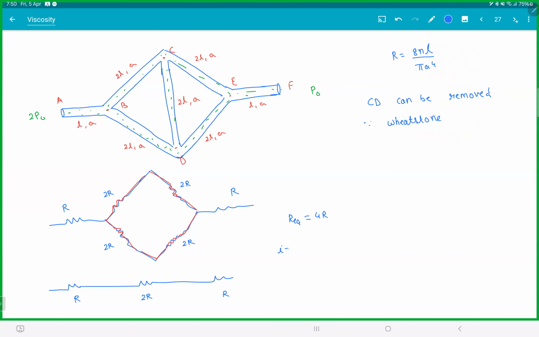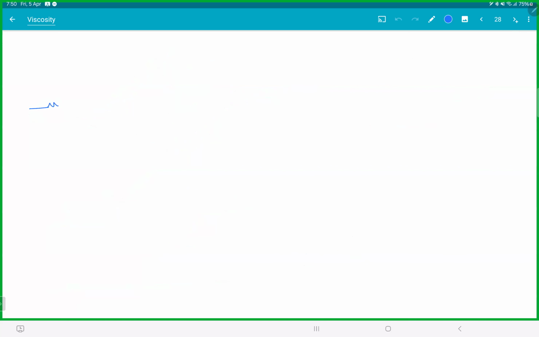Therefore, the volume flow per second, I will be delta P by R equivalent. Pressure difference is P naught by 4R. That was easy. Now, finding the pressures at the interface, this each section.